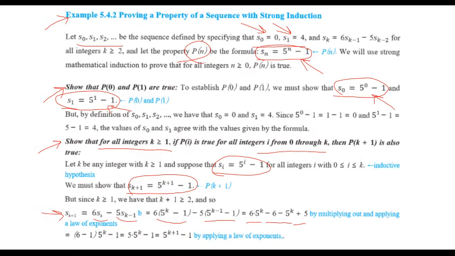And using the law of exponents, we get to the right hand side of the equation that we wanted to prove, which is 5 to the power k plus 1 minus 1. Here we can claim that we have proved both the basis step and the inductive step of the strong induction, and as a result we have proved the property of the sequence S, which is its general formula.